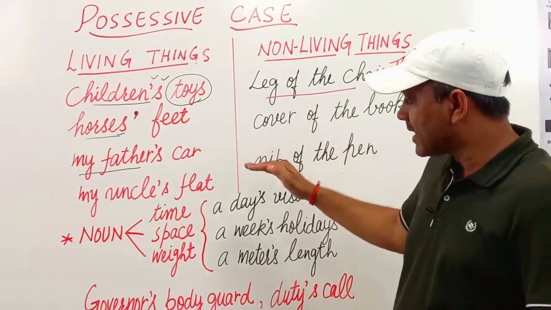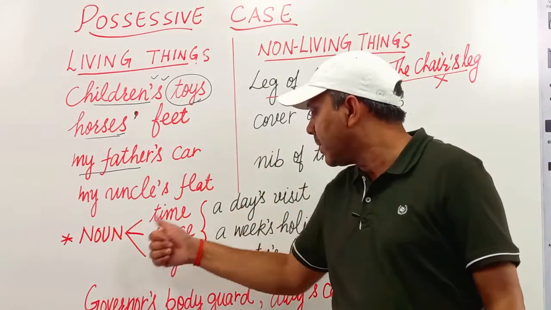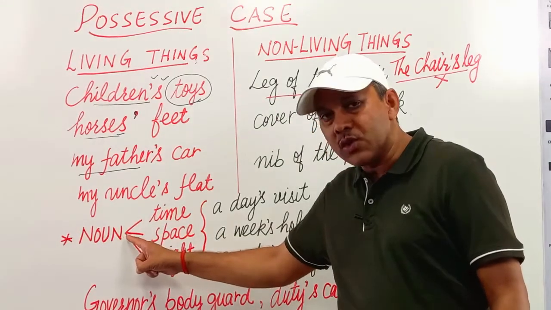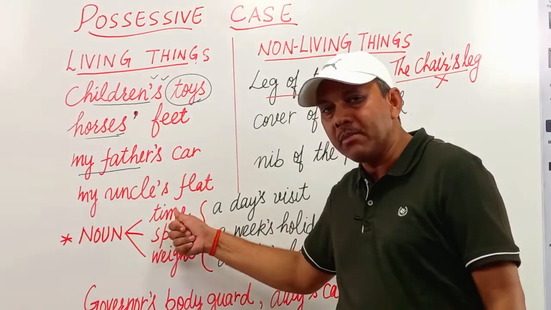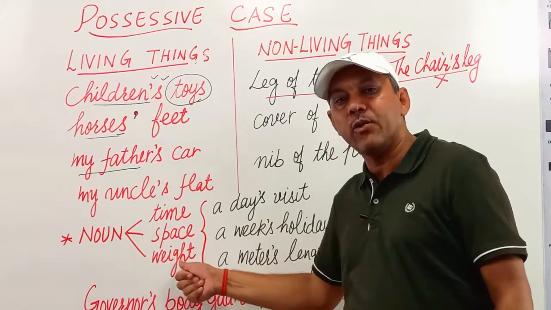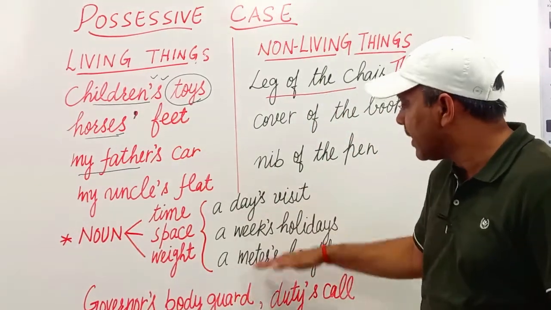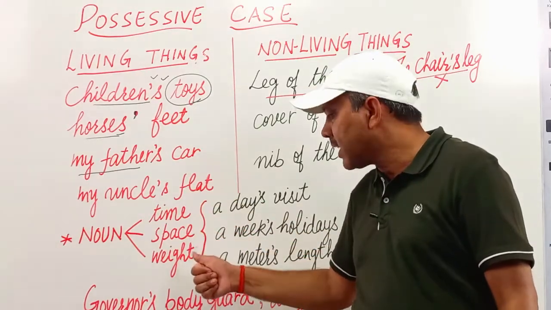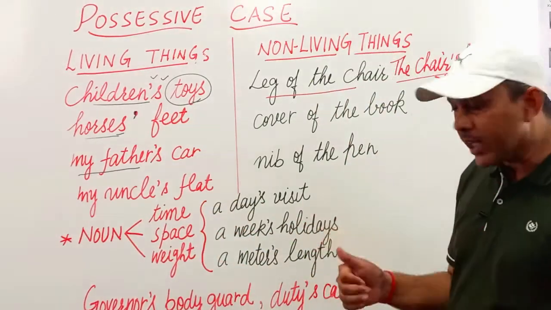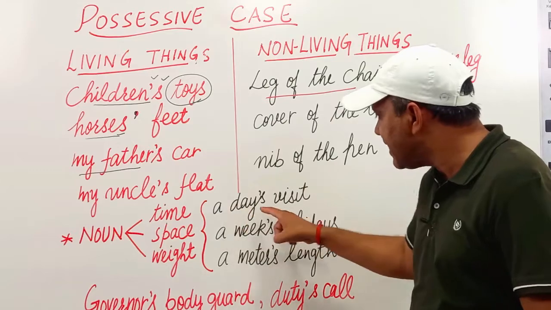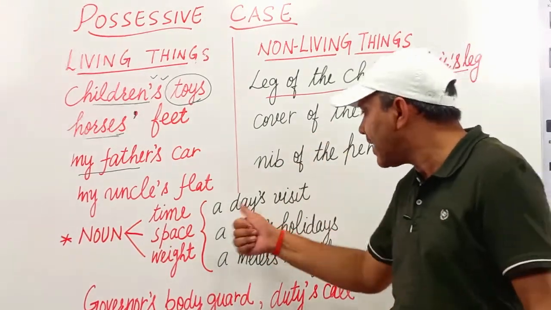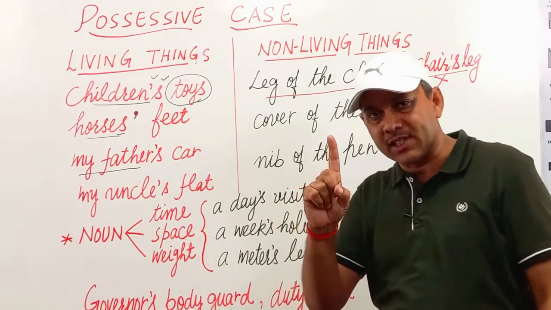And some more examples where we use possessive form of nouns. For example, nouns referring to time, space and weight. We can use a possessive noun to show time, space and weight. We are going to take some examples. A day's visit. Visit of how many days? A day's visit, a single day visit.